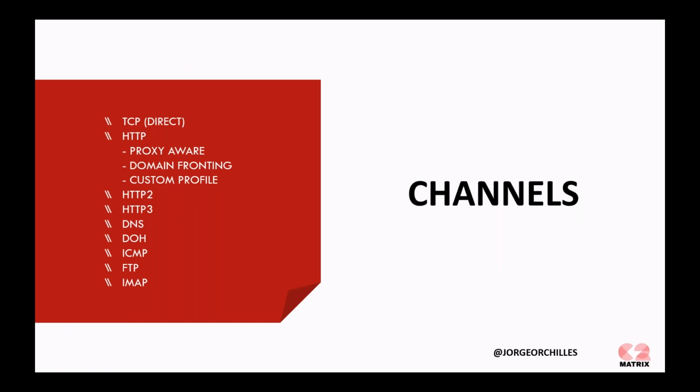From the red team perspective, though, let's talk about channels. This was one of the most important ones. I mentioned earlier, most command and control and what adversaries are using is using HTTP. So that's generally one of the more important channels that we're going to look at. HTTP has the ability to be proxy aware, to do domain fronting, and to have a custom profile.